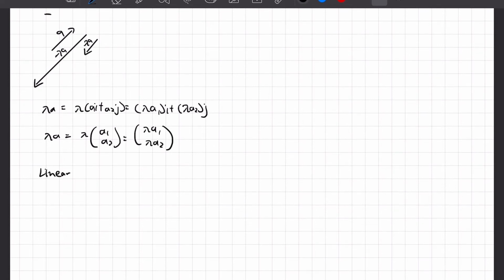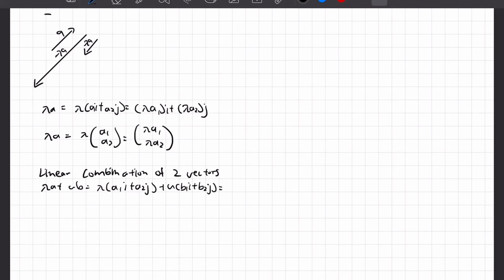You can also summarize both rules in the following rule: the linear combination of two vectors. Lambda A plus mu B equals lambda (A1 i plus A2 j) plus mu (B1 i plus B2 j), which is equal to (lambda A1 plus mu B1) i plus (lambda A2 plus mu B2) j.